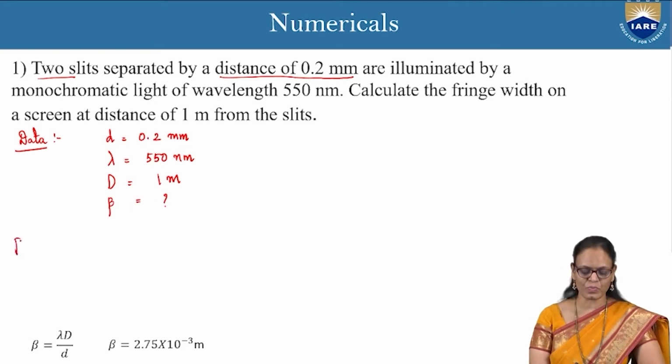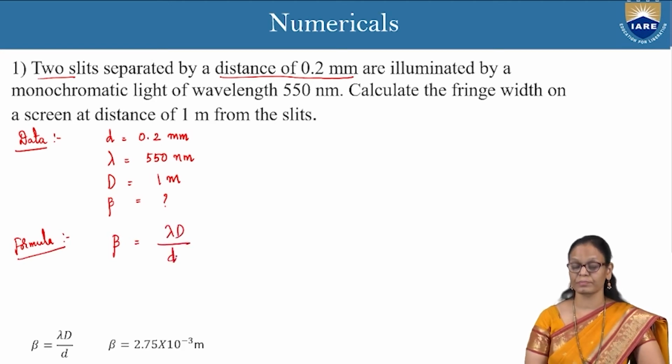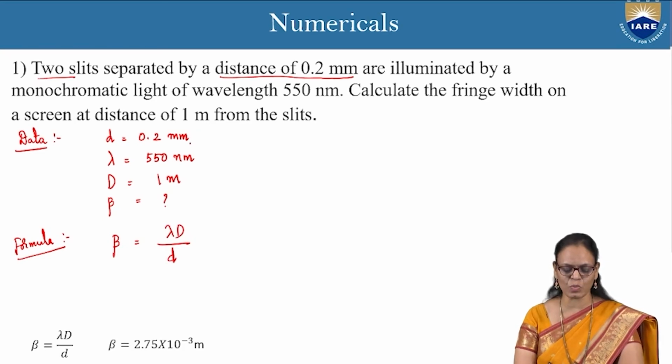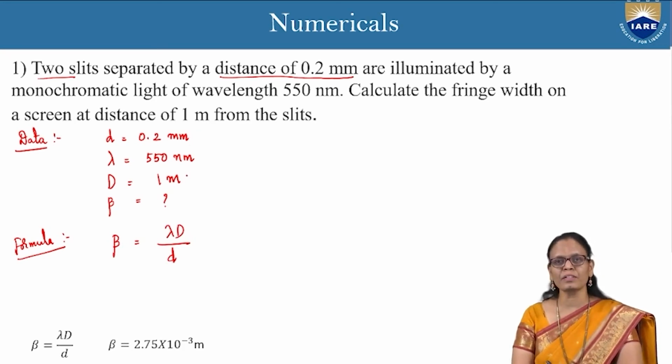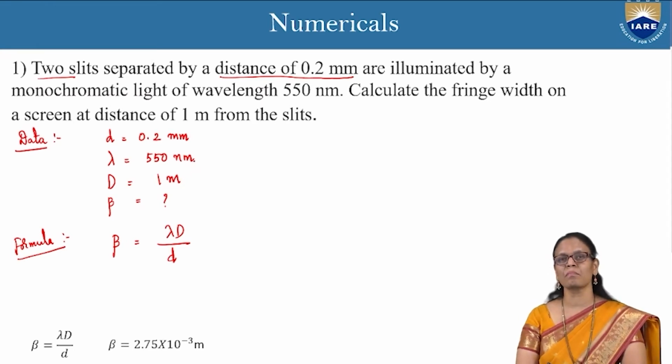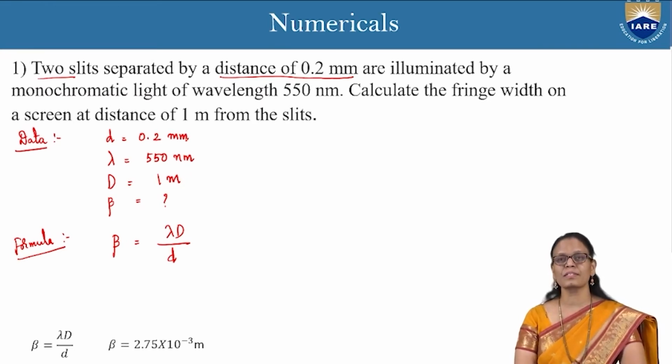So the next thing is which formula we are going to use. Beta is equal to lambda D by small d. Now if you see, we have these quantities in different units. It is of course in the same system, but the unit is different.